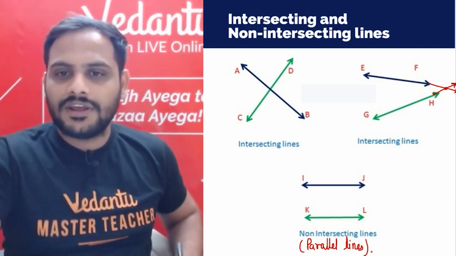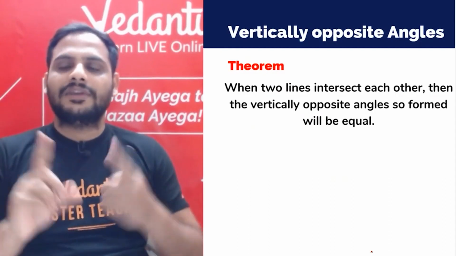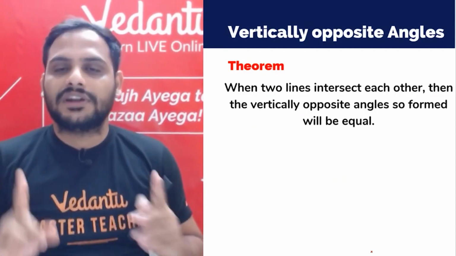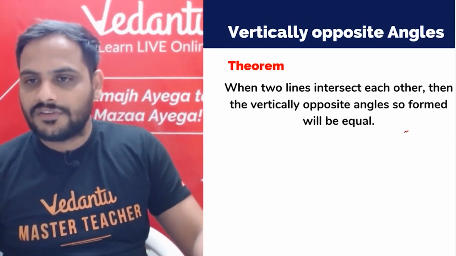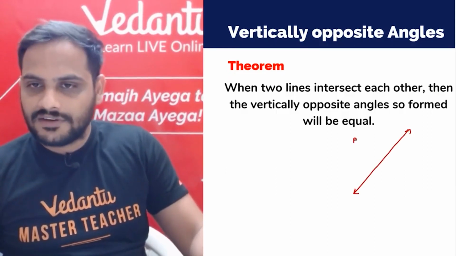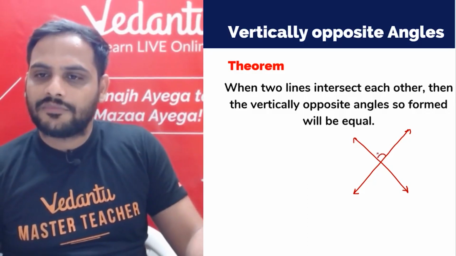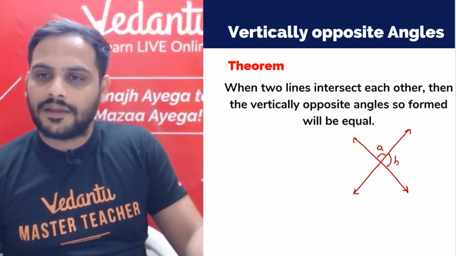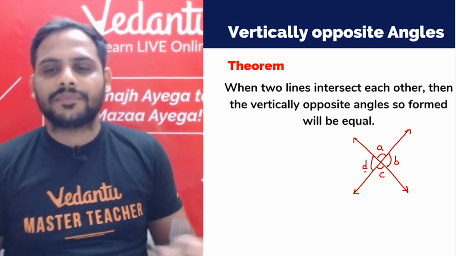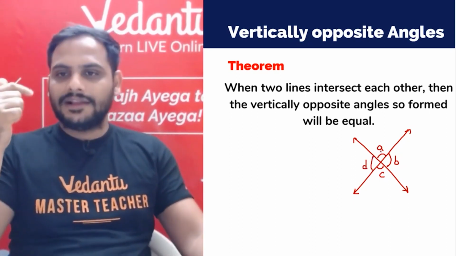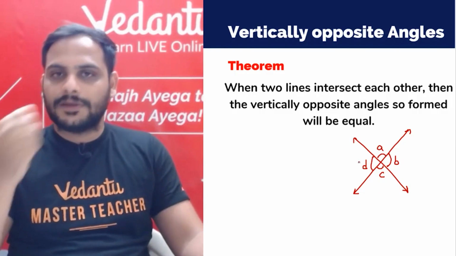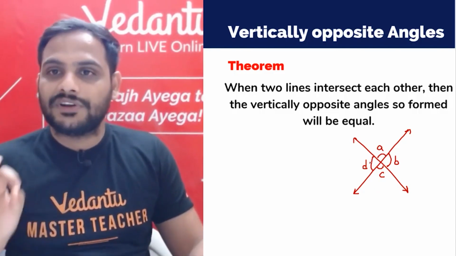So non-intersecting lines are also called parallel lines, and we'll be dealing with them in detail in the next session. Today, if I talk about the intersecting lines, we have one theorem which is vertically opposite angle theorem. What it says, guys, suppose two lines are intersecting like this, and let's say the angles formed are angle A, angle B, angle C, and angle D. I have told you the angles which are formed opposite to each other are vertically opposite angles.